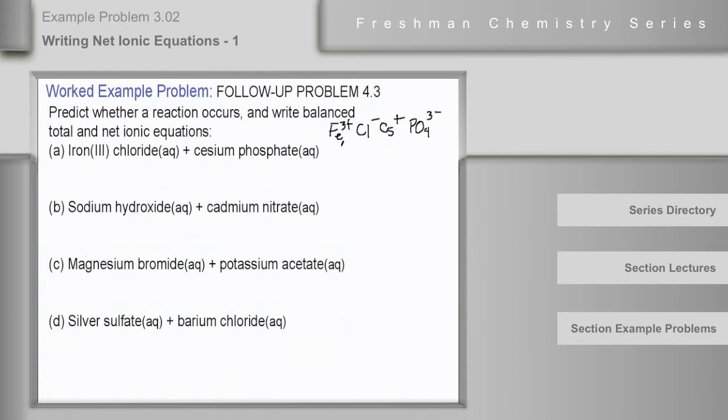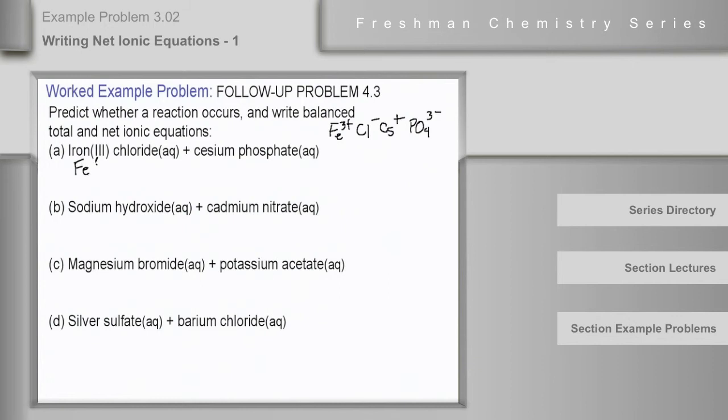Now the question is, would the combination of iron phosphate be insoluble, or would cesium chloride be insoluble? And the answer is that phosphates of metal ions like iron are in fact insoluble. So we would expect there to be a reaction.